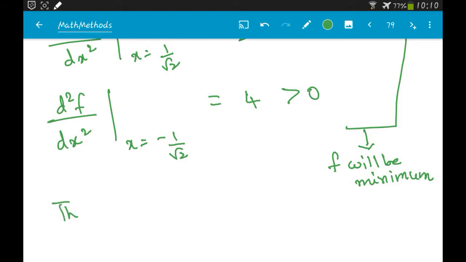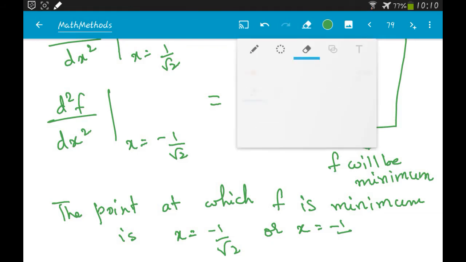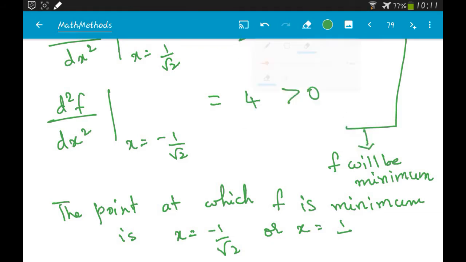The point at which f is minimum is x equal to minus 1 by root 2 or x equal to plus 1 by root 2.